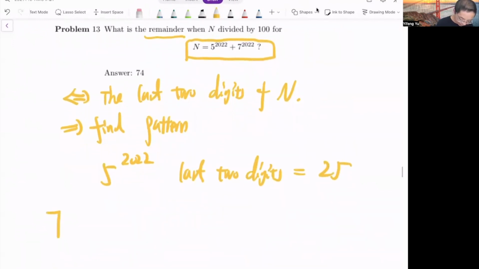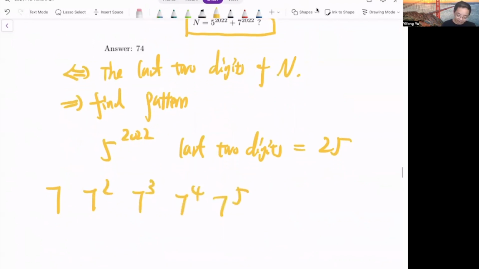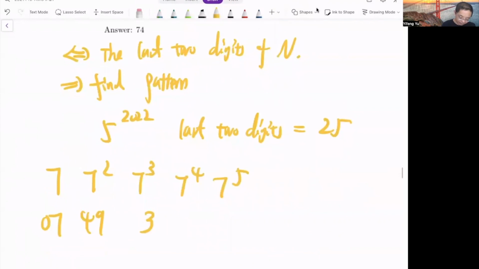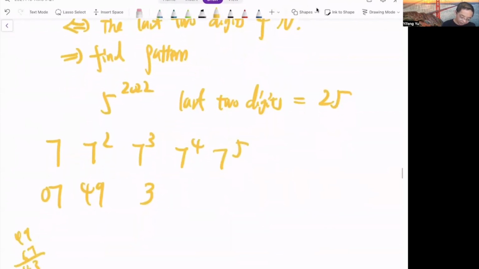Now let's look at 7. Let's try 7, 7 squared, 7 to the 3, 7 to the 4, and 7 to the 5, and identify the pattern. 7 is 07, 7 squared is 49, and times another 7 gives 343, so the last 2 digits are 43.